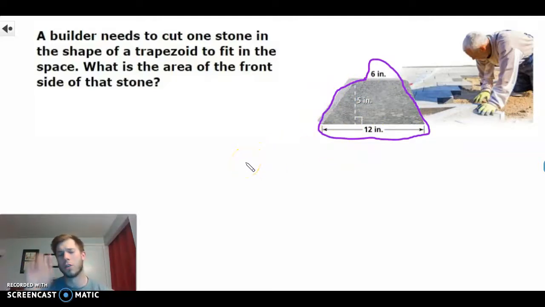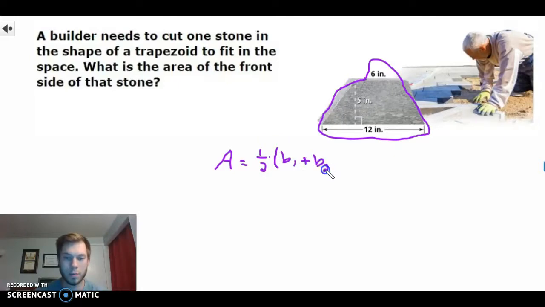Okay. So first we need to recall what our formula for area of a trapezoid is going to be. In our formula for area of a trapezoid, let's all write this down together. We have A equals 1/2 multiplied in parentheses base 1 plus base 2 close parentheses multiplied by the height.